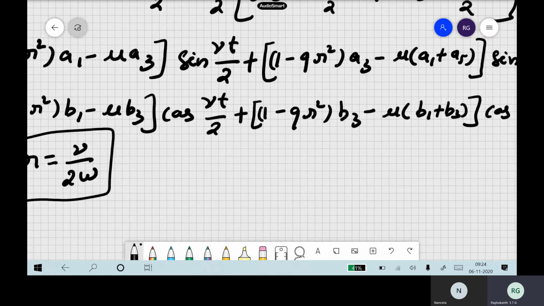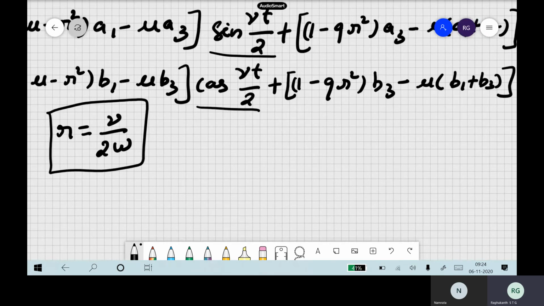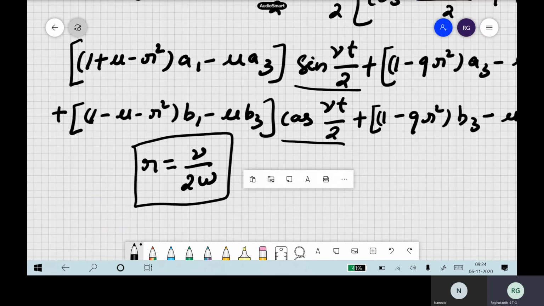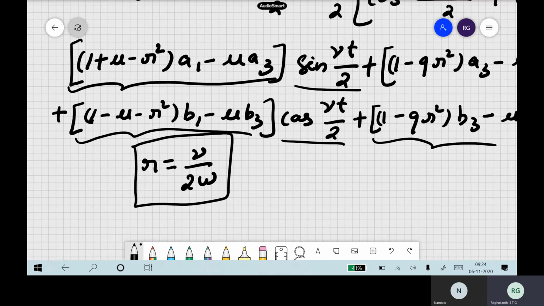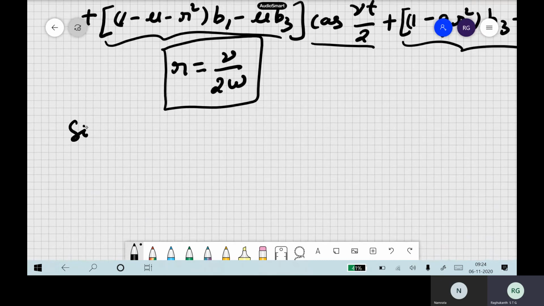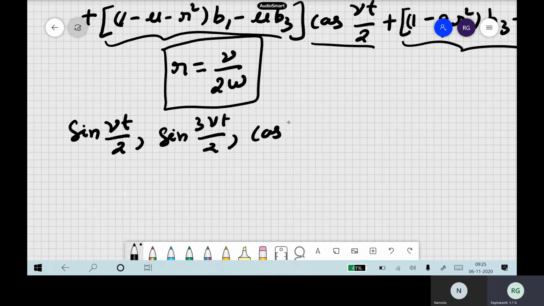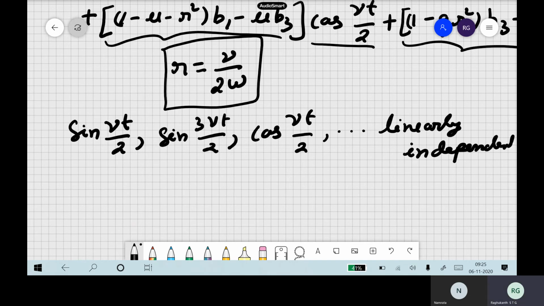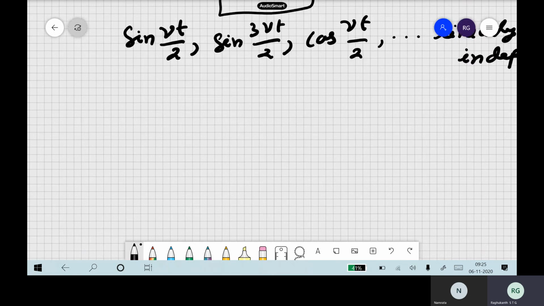Now since sine nu t by 2, sine 3 nu t by 2, and of course cos nu t by 2 are all linearly independent, all of these coefficients have to become 0, so we will get a set of equations.